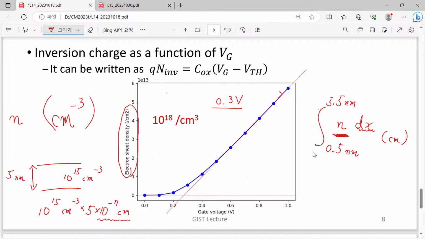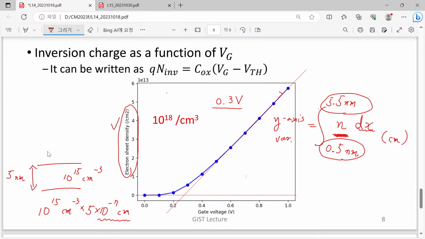Then please integrate it over the silicon layer only, because the oxide layer doesn't have any electron density. Then this value will be your y-axis variable, as shown here. Okay. Do you have any question on this homework problem?